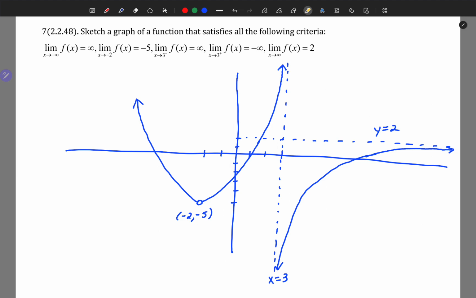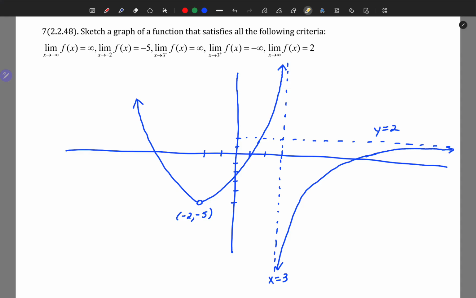Now, on the function that I have drawn, I had to show that as x goes to negative infinity, the y value goes to infinity. Well, that's what I've done right here. Now, did I have to show it going up parabolically like that? I didn't. I could have just drawn a linear function there and done that. That would have been fine.